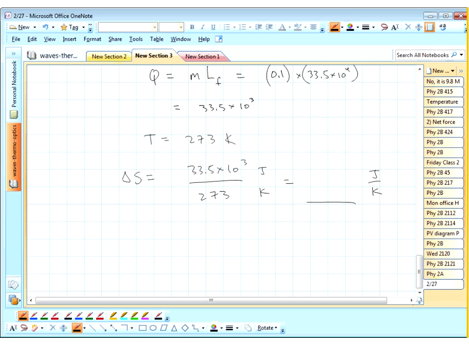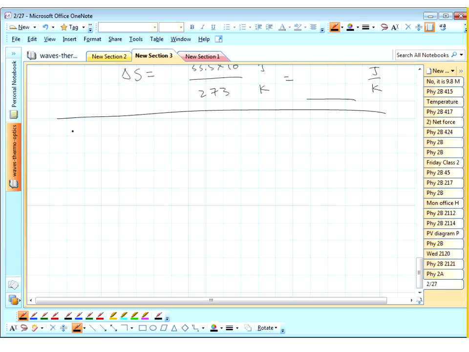So an example is letting heat flow from a hot place to a cold place. This is in your book. So this is just heat flowing.